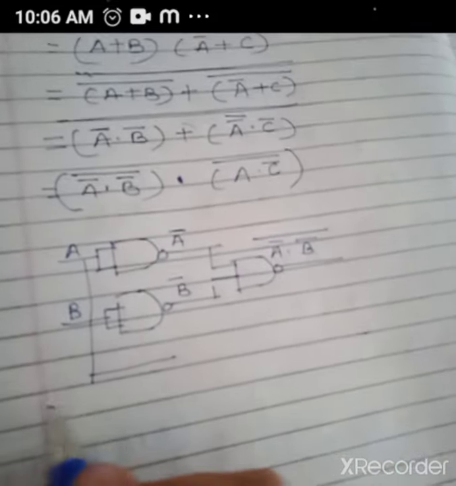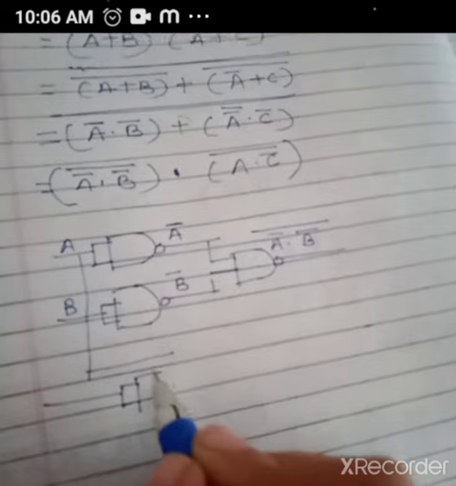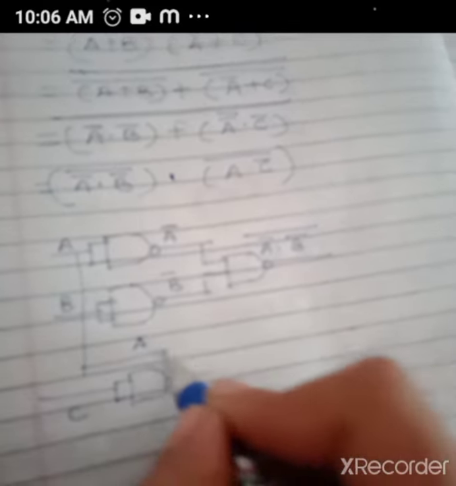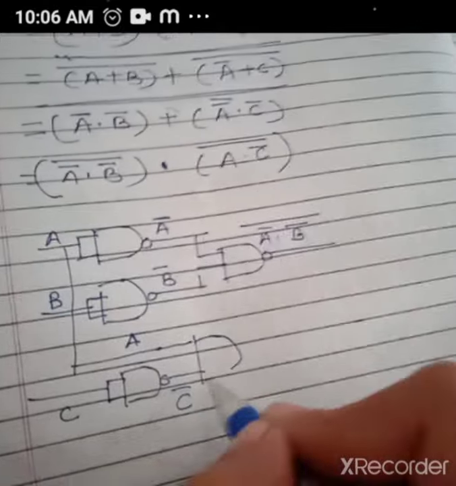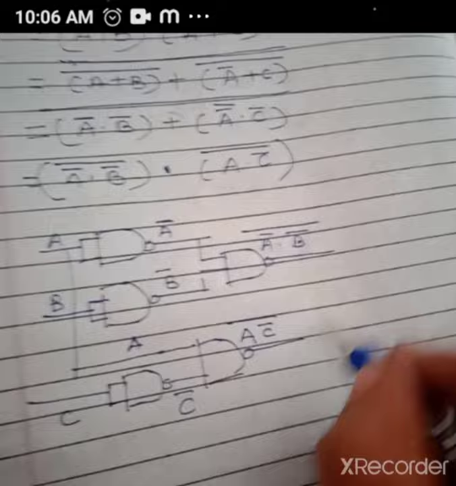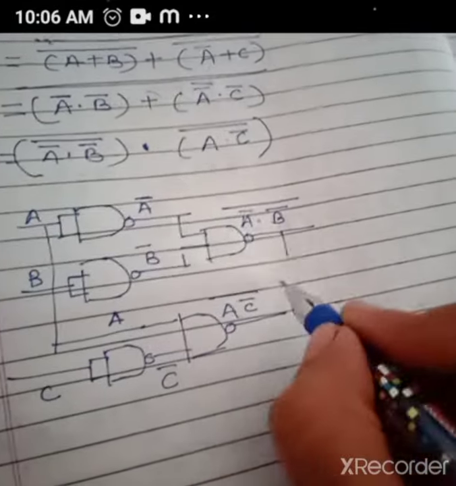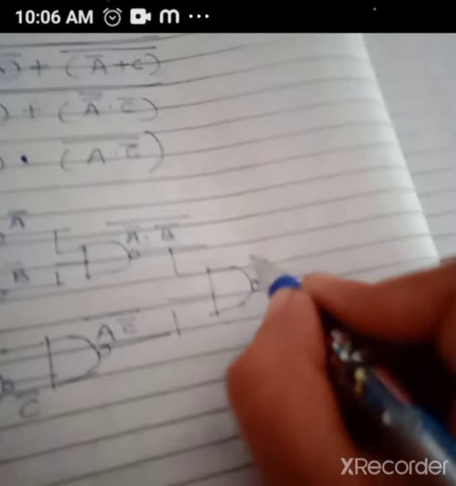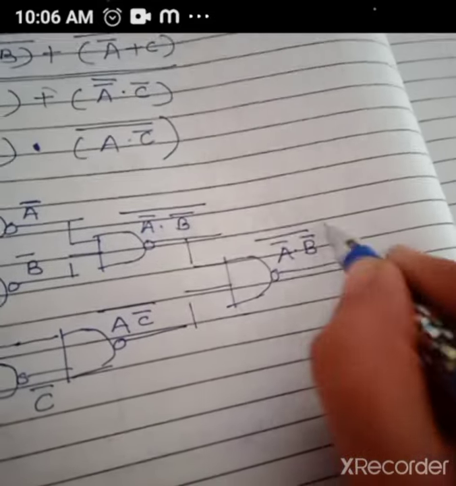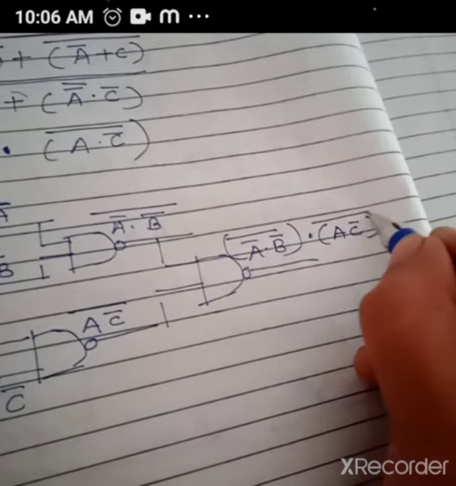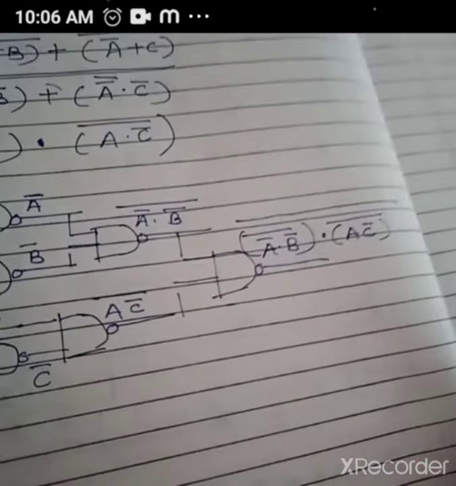It requires c, so for c use another inverter to get c bar. Here a. Combine these two to get (a c bar) whole bar. Again combine these two with one NAND, which will give you (a bar dot b bar) whole bar dot (a c bar) whole bar, whole bar, right?